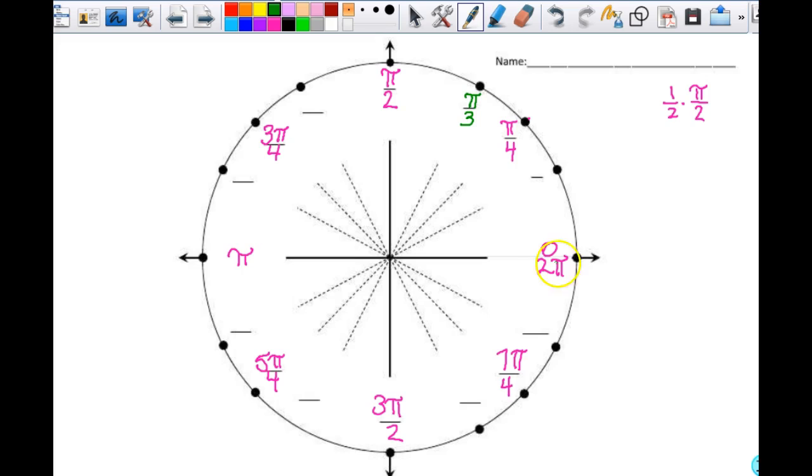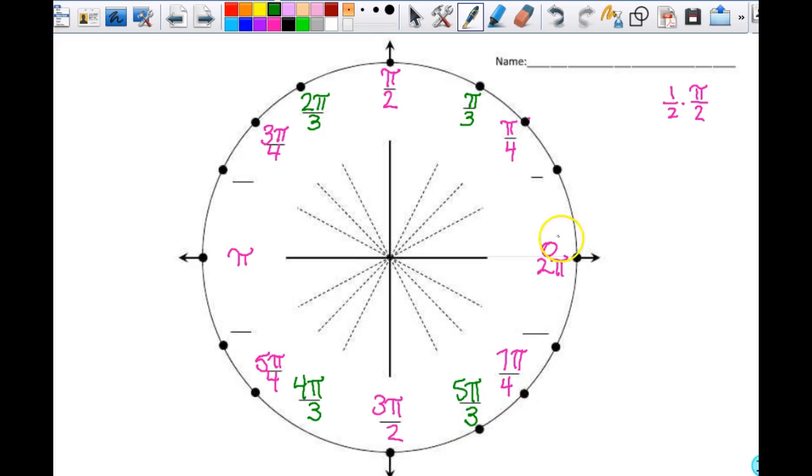Okay, so I'm here at 0, 60. I go another 60, which gets me here. That's going to be 2 pi thirds. I go another 60, that's 3 pi thirds, which is pi, right? I go another 60, that gets me 4 pi thirds. I go another 60, I get 5 pi thirds.